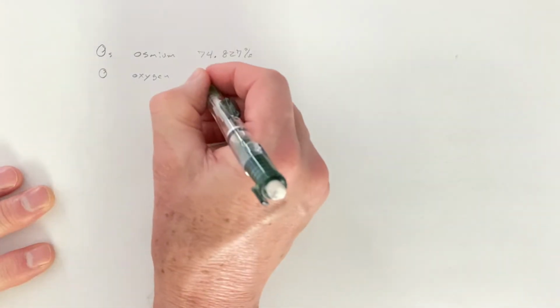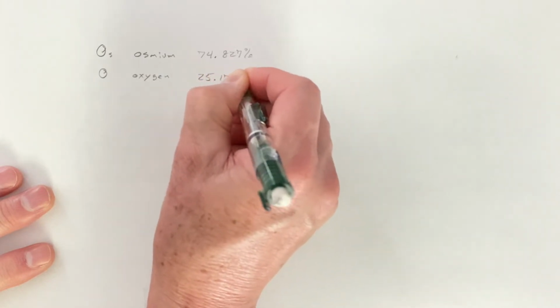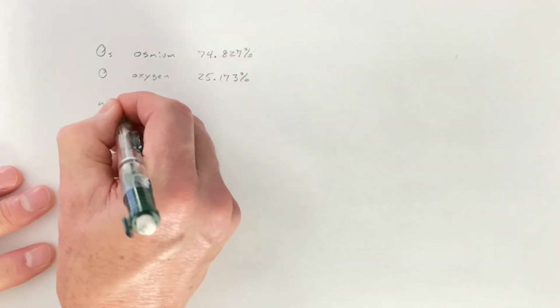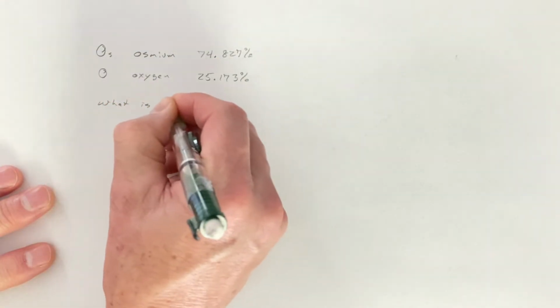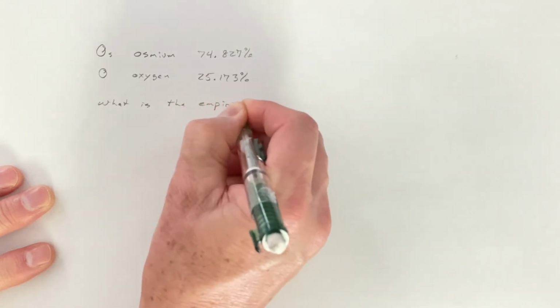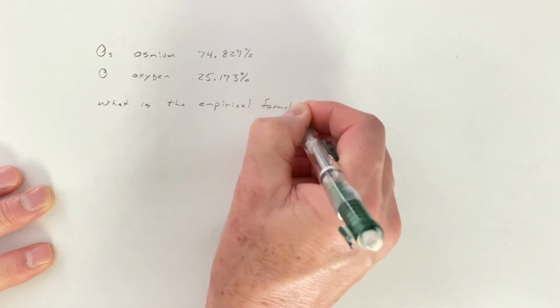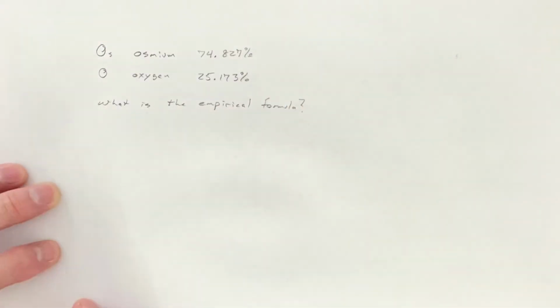And we're told the percent composition of oxygen in our compound is 25.173%. The question is, what is the empirical formula?